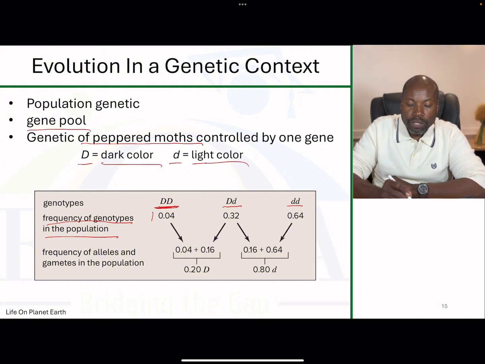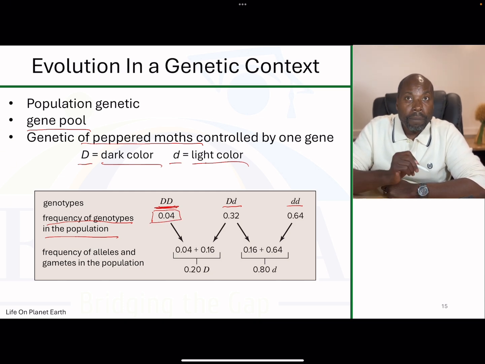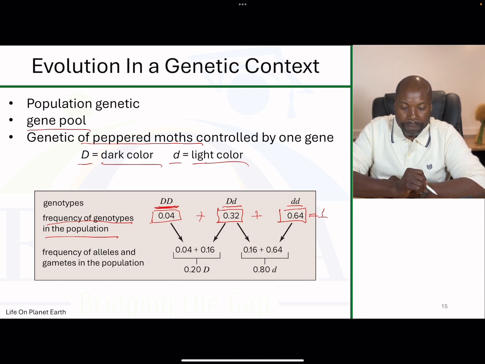For capital D capital D it is 0.04 in this case, for heterozygous it is 0.32, and for light colored individuals it is 0.64, knowing that 0.04 plus 0.32 plus 0.64 equals 1.